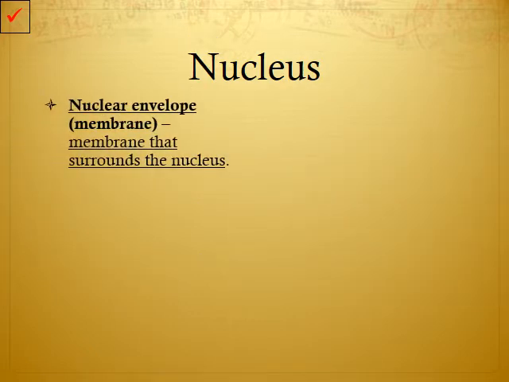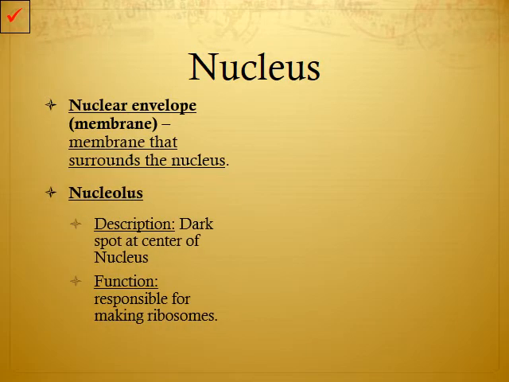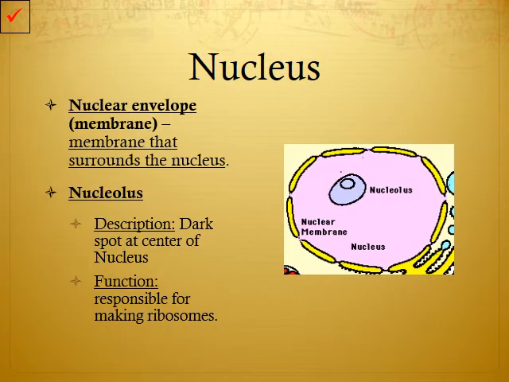Now inside the nucleus we have two other structures that you will need to be aware of. There is the nuclear envelope, or membrane, which is kind of like a cell membrane but specifically for the nucleus. And this is the membrane that surrounds the outside of the nucleus. In addition, we also have the nucleolus, which is a dark spot at the center of the nucleus that is responsible for creating ribosomes. We'll be talking about ribosomes here in a bit.